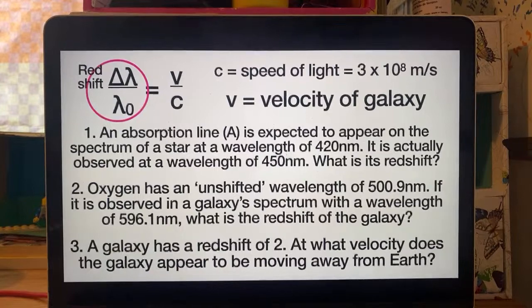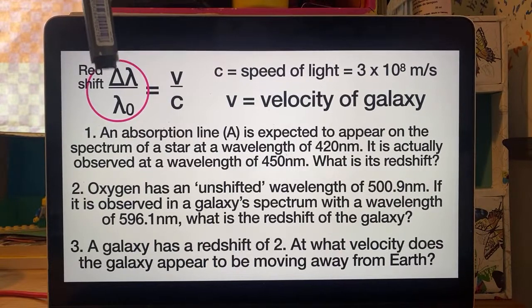Okay, I'll go through the first 2 answers with you, and then I'll do the last one. So the first one, an absorption line is expected to appear on the spectrum of a star at 420 nanometers, but it's observed at 450 nanometers. What is its redshift? So again, the first thing you need to do is find the change in wavelength.